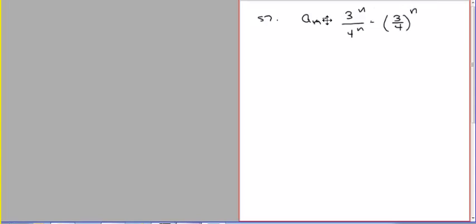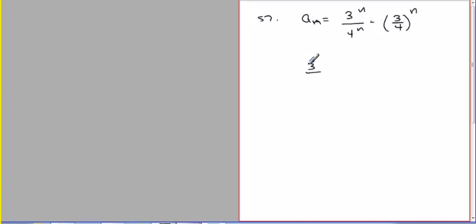So if you let n go to infinity, then what will happen is you have a fraction, a number between 0 and 1, raised to some power n. And anytime you have a number between 0 and 1 and you raise it to a power, as the power gets greater, this number gets smaller and smaller and smaller, approaches 0.